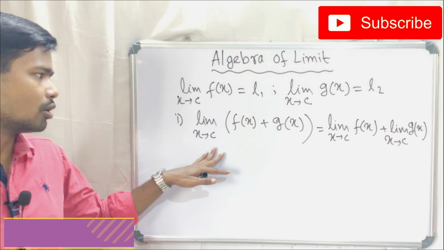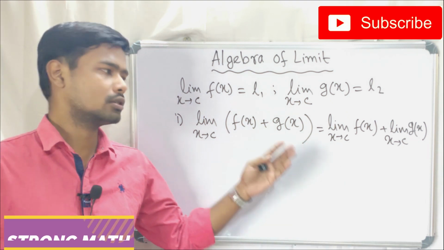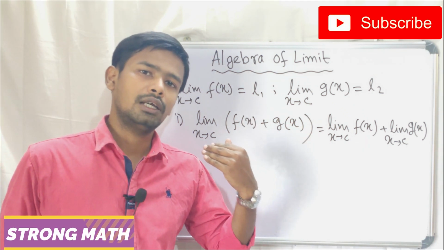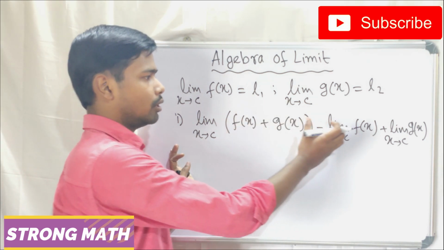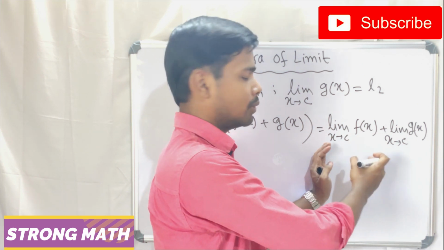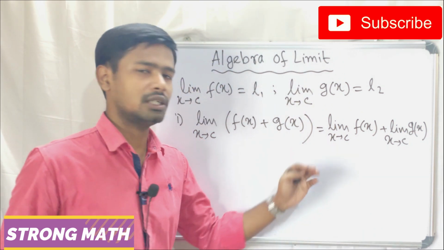So the limit of the sum of two or more functions, this is valid not only for two functions, you can add many functions. The limit of their sum is equal to the sum of the limits of the functions individually.